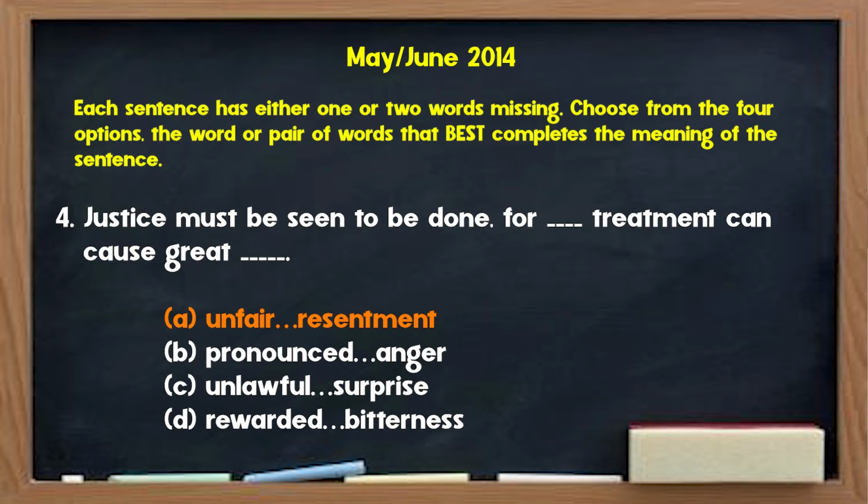Given the sentence, A would be our best option to complete the sentence. So, we'll have justice must be seen to be done, for unfair treatment can cause great resentment.